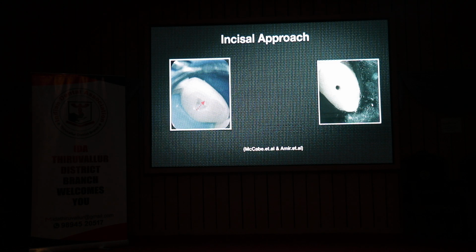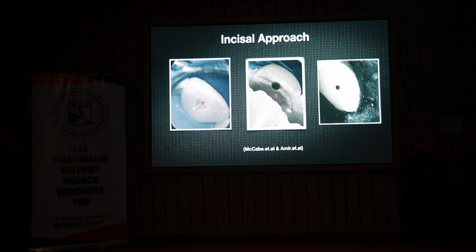If you're still not agreeing with my point, for all these obliterated root canals, try shifting your access towards the incisor. That's just the message I wanted to convey here.